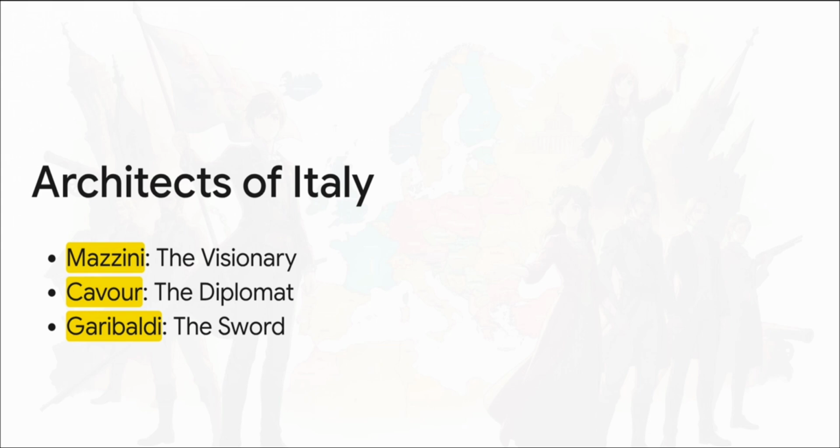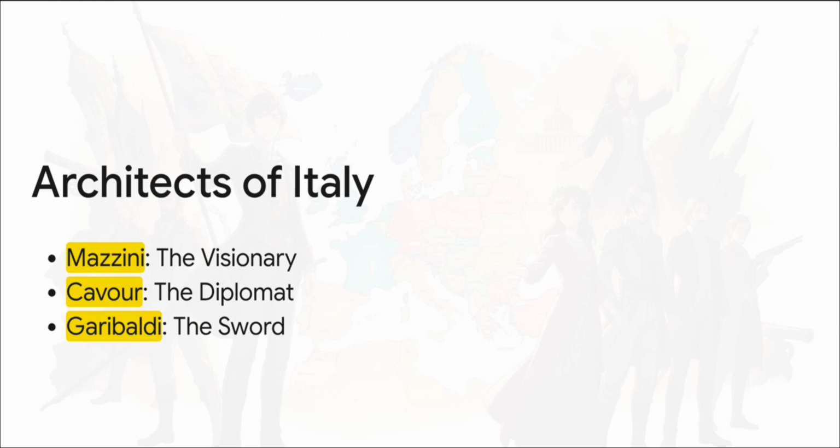He actually spoke French better than Italian, but he tactfully allied with France to help defeat the Austrian forces in the north in 1859. Finally, you have Giuseppe Garibaldi. He's the sword. Garibaldi led a massive group of armed volunteers known as the Red Shirts down into South Italy, and he won the crucial support of local peasants to drive out the Spanish rulers.